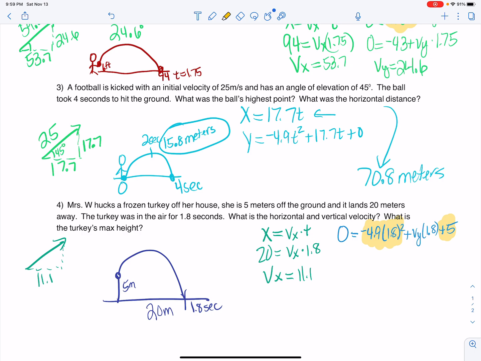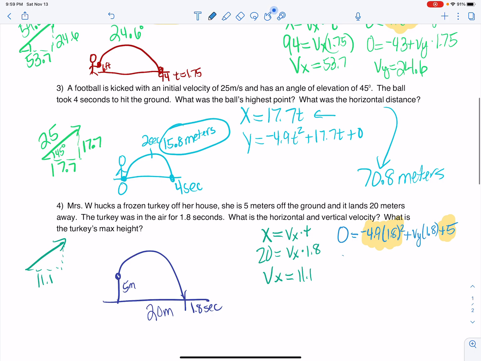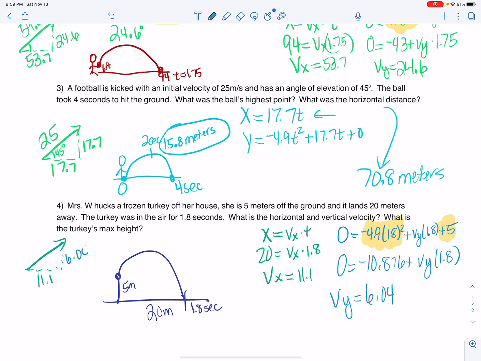So I'm going to type in negative 4.9 times 1.8 squared plus 5, and then I get a negative 10.876 plus v sub y times 1.8. So I'm going to add that to the other side and then divide by 1.8. And I end up getting my v sub y is 6.04. Okay. So I throw it more out than I throw it up.